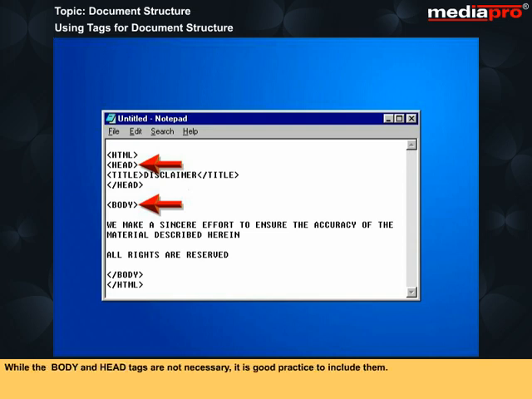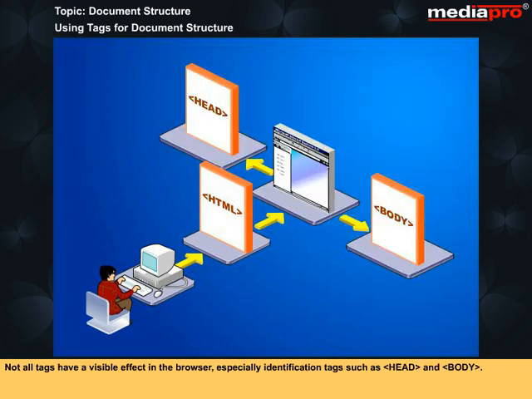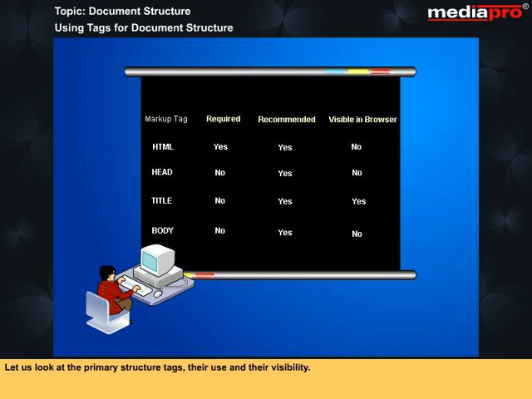While the body and head tags are not necessary, it is good practice to include them. You will probably see the following tags in most HTML documents. Not all tags have a visible effect in the browser, especially identification tags such as head and body. Let us look at the primary structure tags, their use and their visibility.